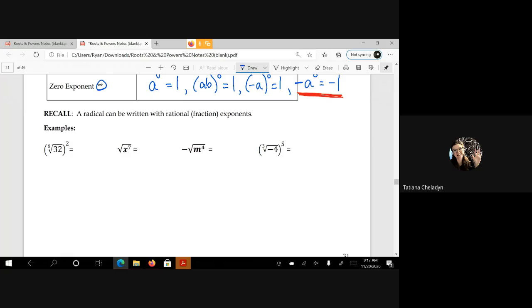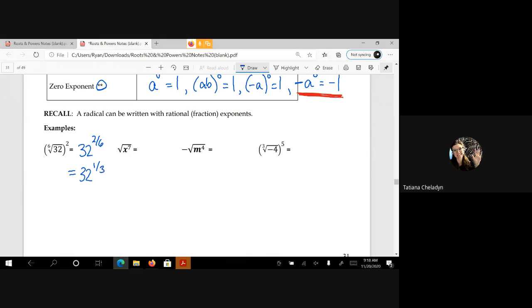Now we are going to remember a radical can be written with rational or fraction exponents. So this is just review. So I'm going to do the first two, and then you can check the rest in the key. So the sixth root of 32, everything squared, is the same as 32 to the 2 over 6, which you can simplify to 32 to the third.